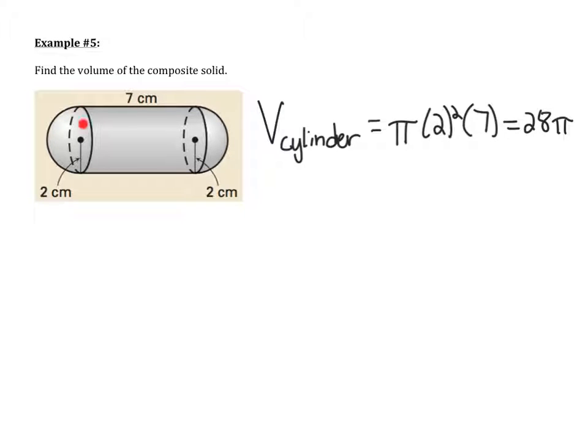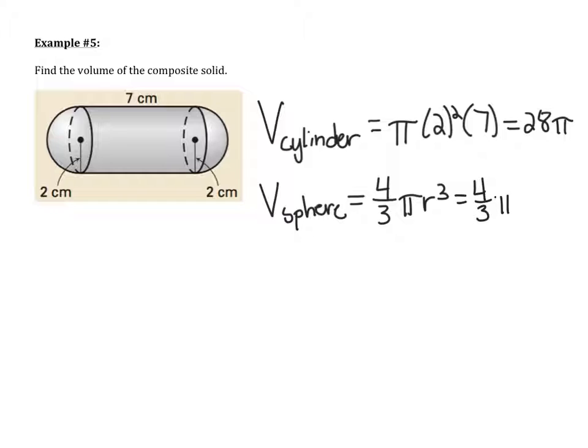And again, I'm going to find the volume of this hemisphere and this hemisphere by just finding the volume of the sphere together. So the volume of the sphere is equal to 4/3 pi times r cubed. Well, we know that the radius is 2, so it's going to be 4/3 times pi times 2 cubed.